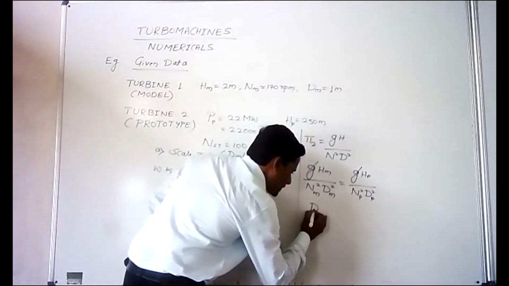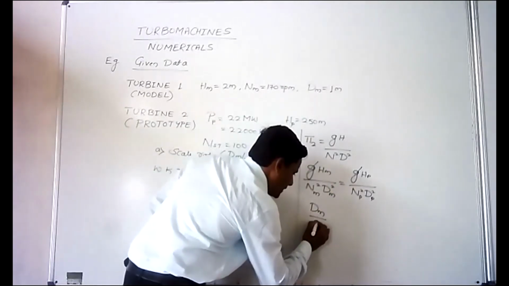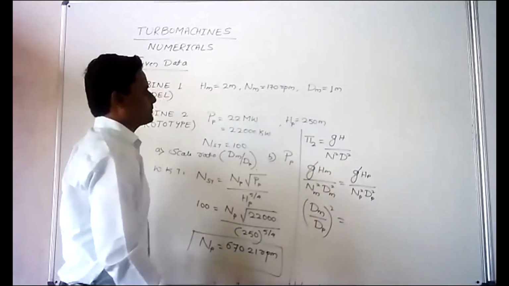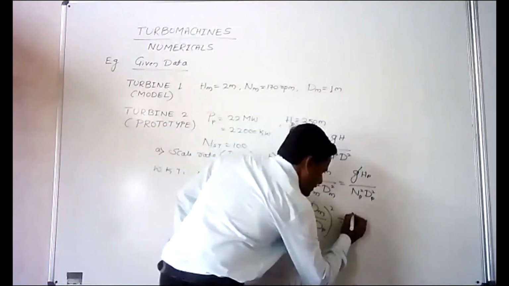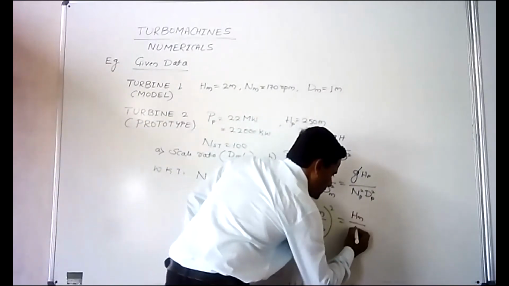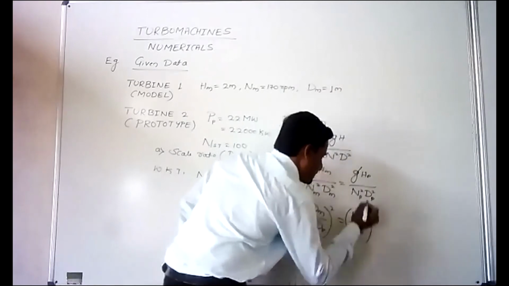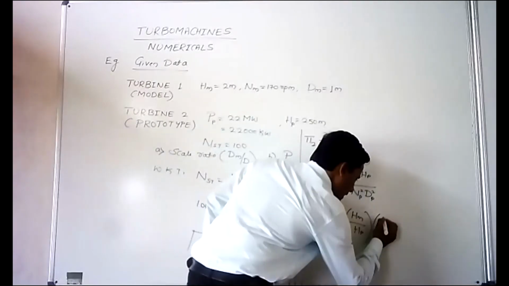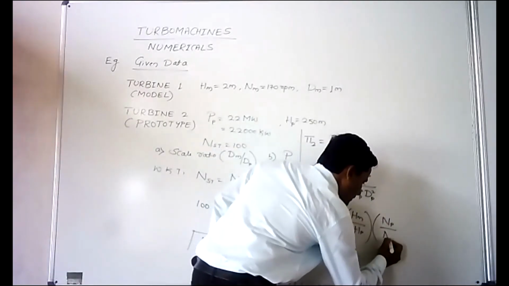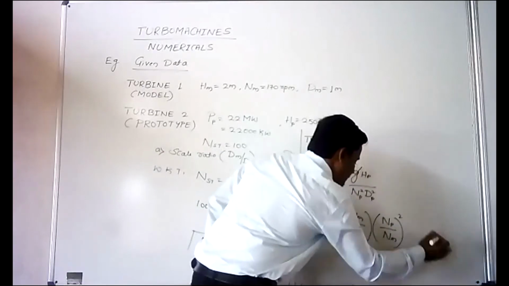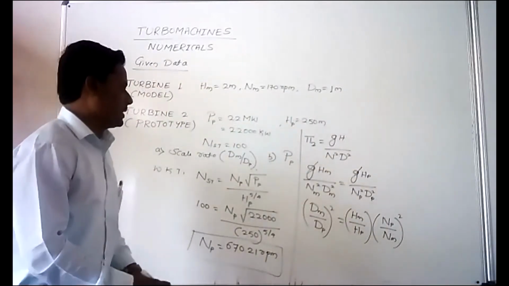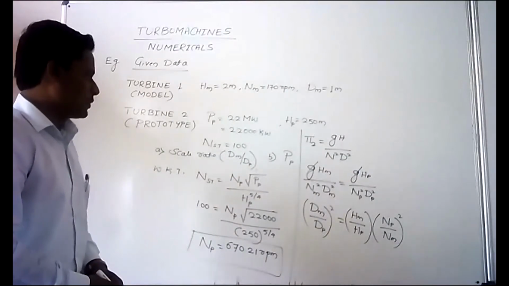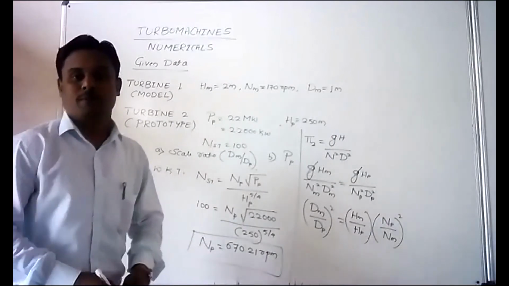So dm by dp whole square equals Hm by Hp into Np by Nm whole square.